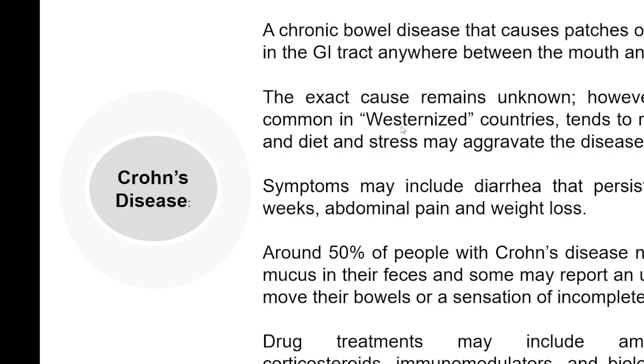However, it is more common in Western or Westernized countries, and it also runs in families, meaning there is some genetic or hereditary connection, and diet and stress may aggravate the disease, because stress can be an important factor.